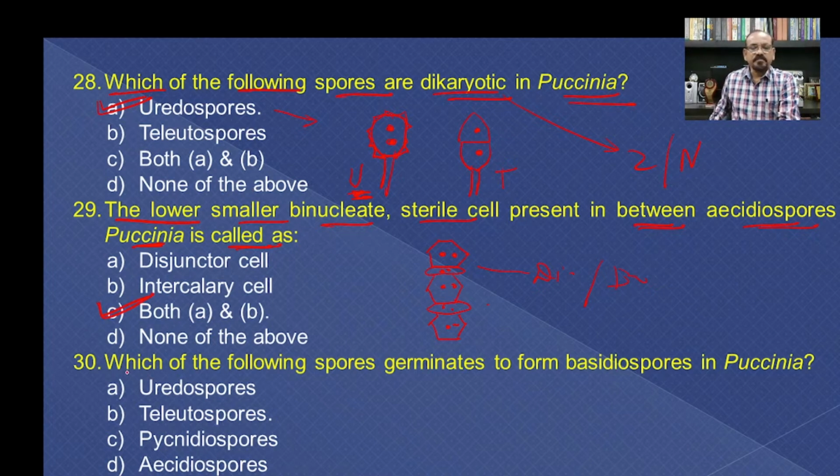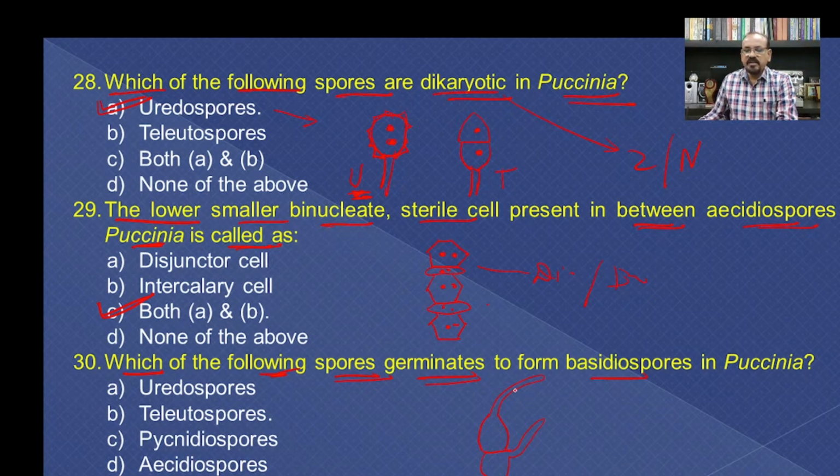Which of the following spores germinates to form basidiospores in Puccinia? If we see the germination of the teleutospores, there is formation of a germ tube from the terminal end of the upper cell and from below the septum of the lower or basal cell.